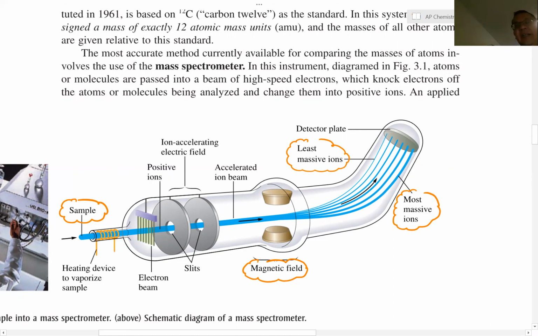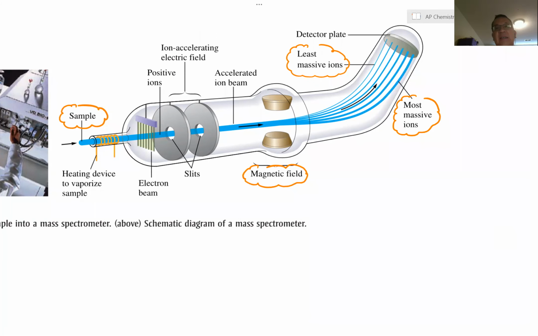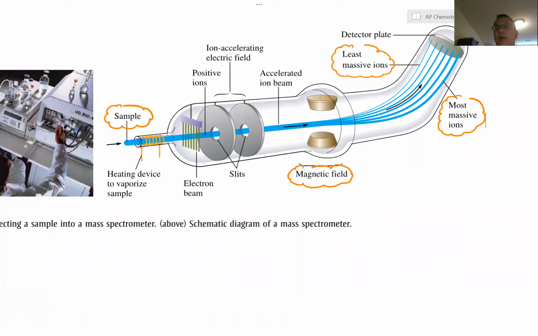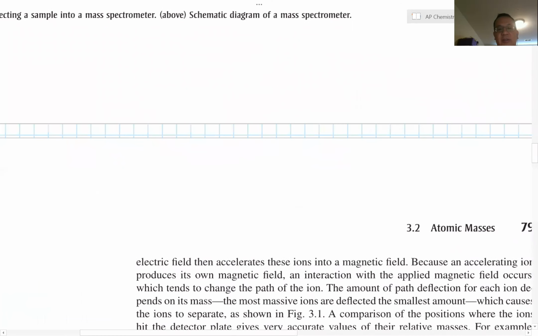Okay, just like if I was running in a marathon or a sprint between myself and somebody who's really tiny, who's really fast, notice they will be able to change direction a lot quicker than myself, because since I have a larger mass, I have more momentum, it's harder for me to change directions.